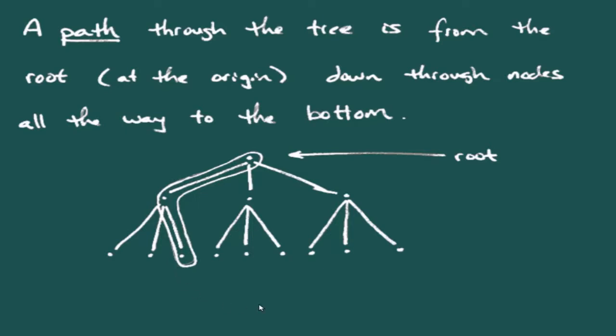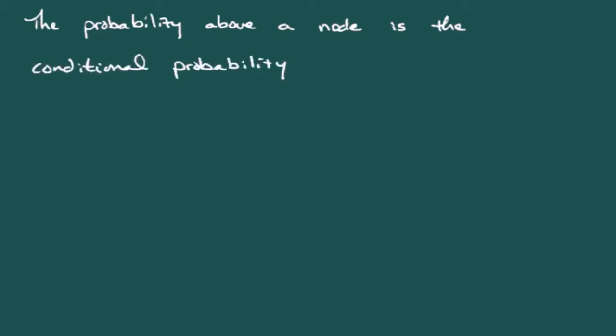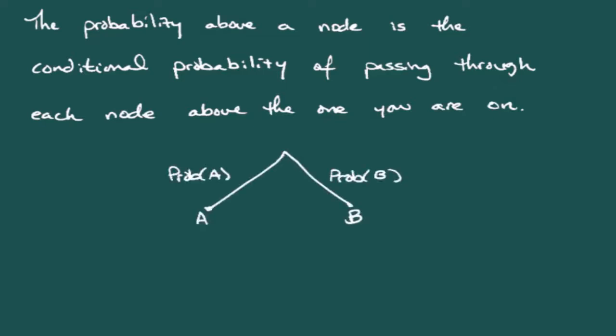The probabilities just above a particular node are the conditional probability of passing through that node. On the first branch, branching from the root node, it's going to be: what's the probability of A happening? What's the probability of B happening on the very first draw? For the next one, it's a conditional probability.